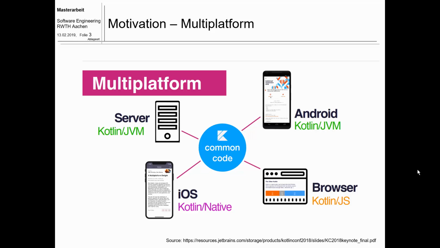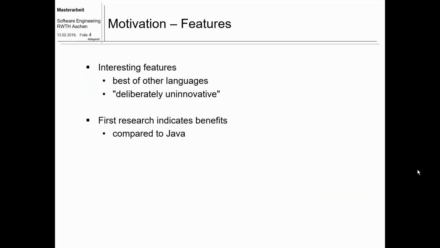Now, apart from this versatility regarding platforms, Kotlin is also an interesting language with respect to its language features, which is what we're going to be focusing on in this talk. So I'm also going to be focusing on Kotlin on the JVM, the Java Virtual Machine. And we're going to look at some of the language features and compare those also to Java where possible.